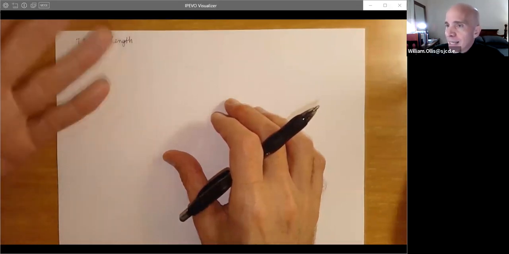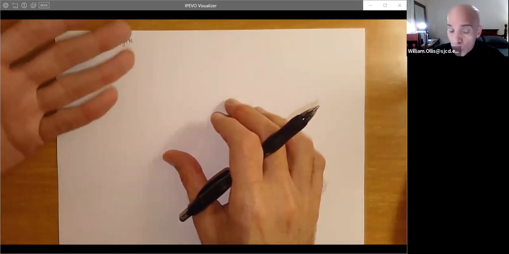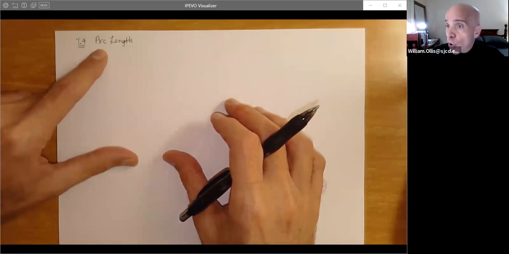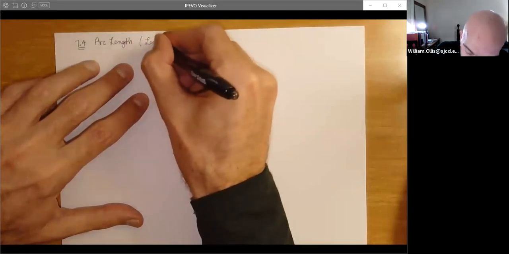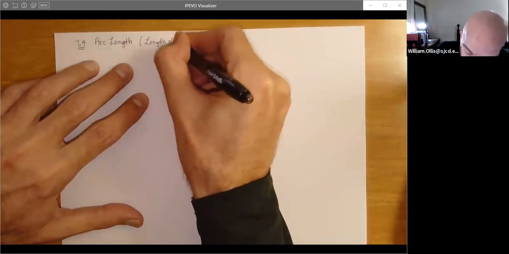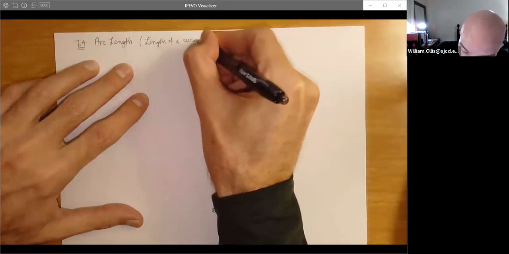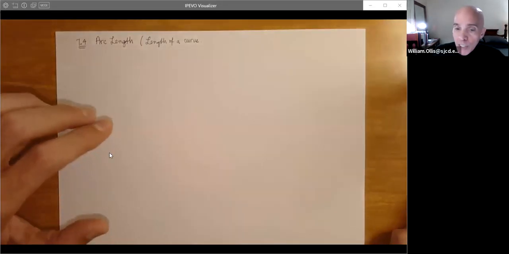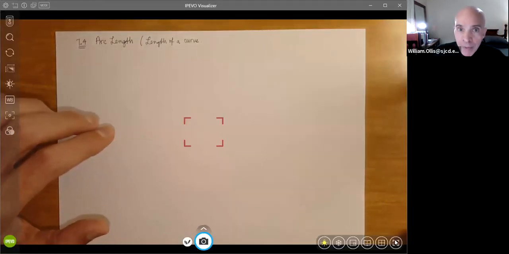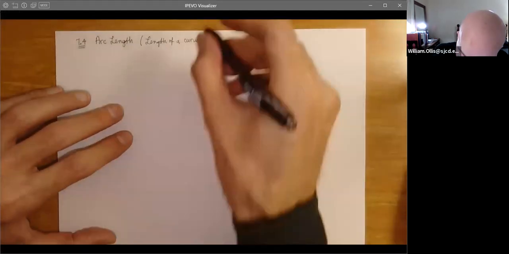So the arc could be anything. It could be a functional graph, or it could just be a curve in general. And so that's where the word arc comes from. So don't be puzzled by that. So we'll just say length of a curve. And so the curve could be given by an equation or a functional equation, depending on what we have. And let me grab the focus there, make sure that's nice and sharp for you.